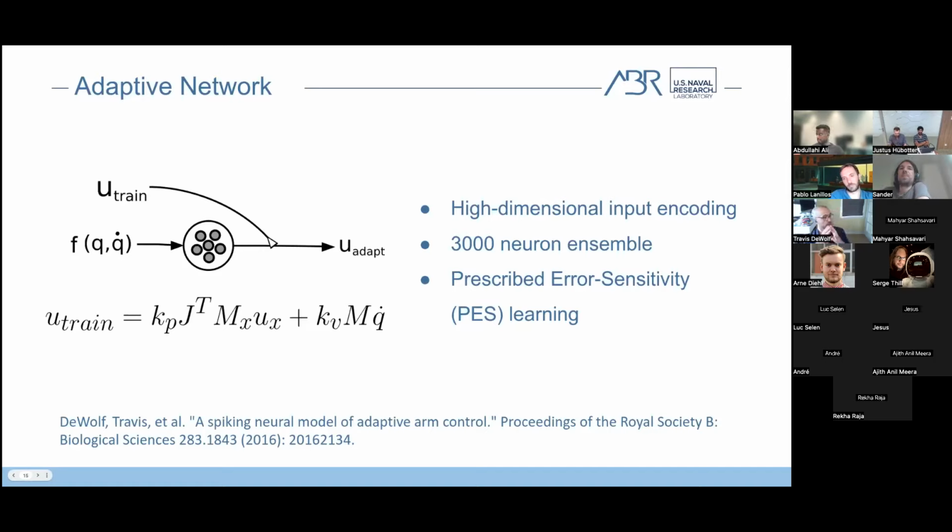Can we generalize across similar state spaces? In some dimensions, if you learn a response here, it might be the appropriate response elsewhere in the state space as well. In this situation, there's not a lot of generalization between different parts of state space, and so as the dimensionality of your problem increases, the number of neurons that you need is going to increase.